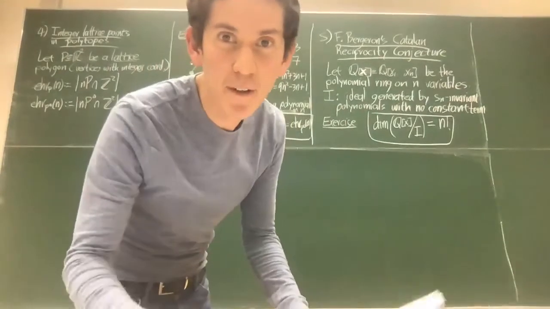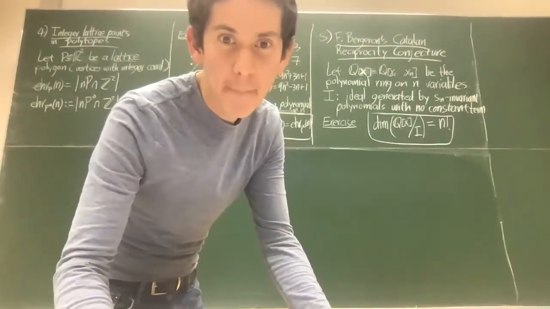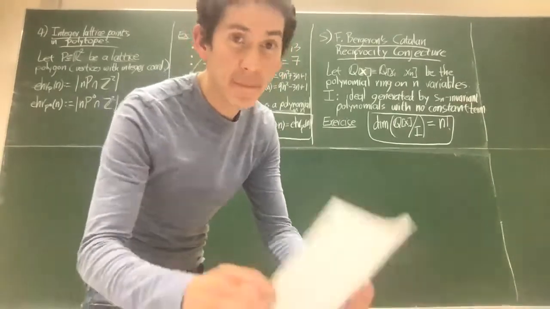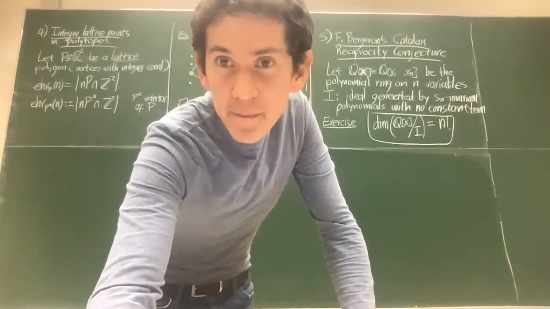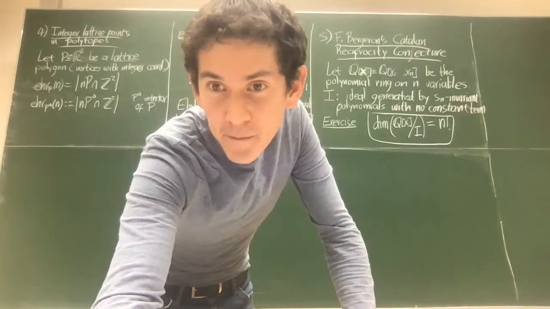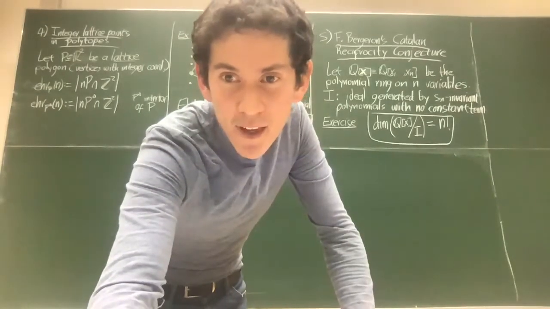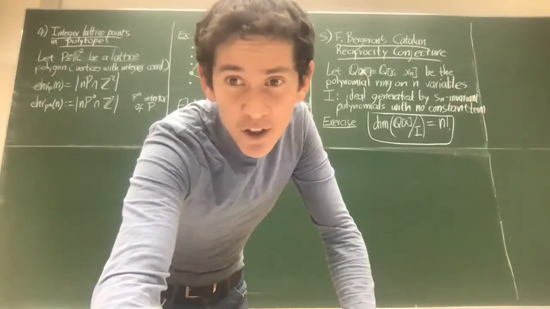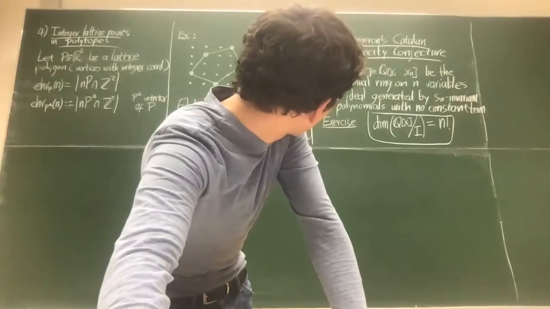Any questions? It looks like there is a question in the chat, which is about why are you looking at Q instead of the real or complex numbers as the ground field? You can also consider those rings. To be honest, I don't know if this makes any difference.